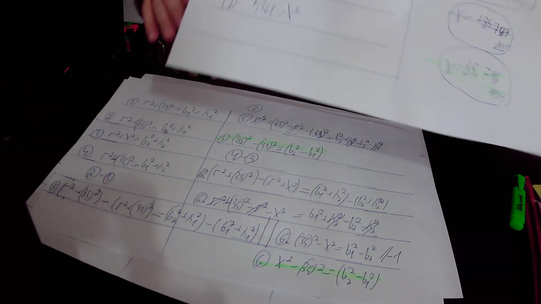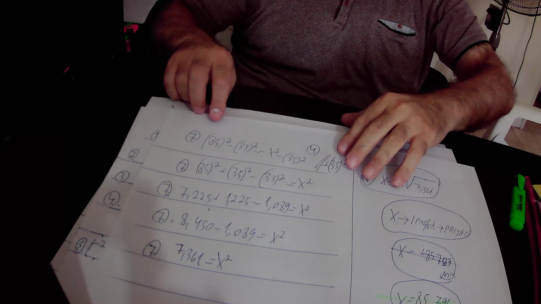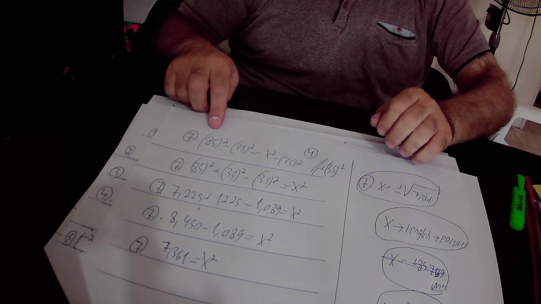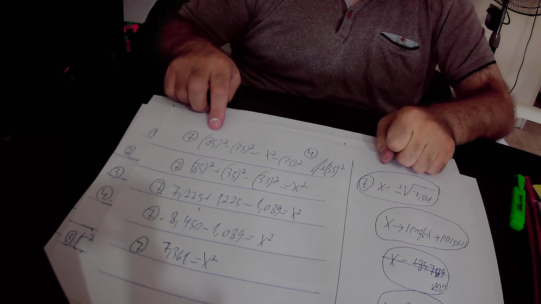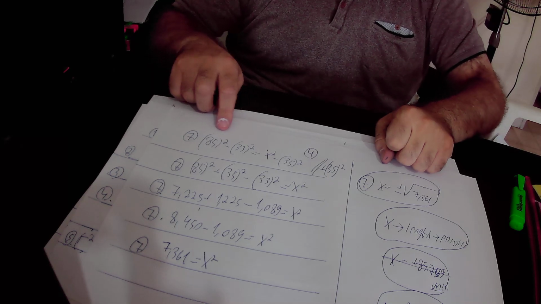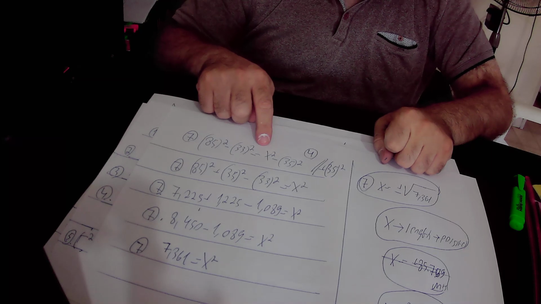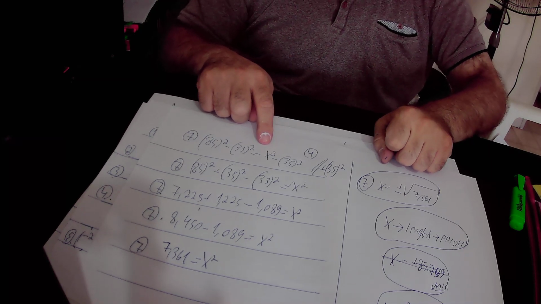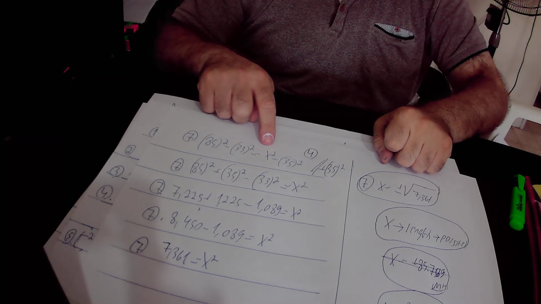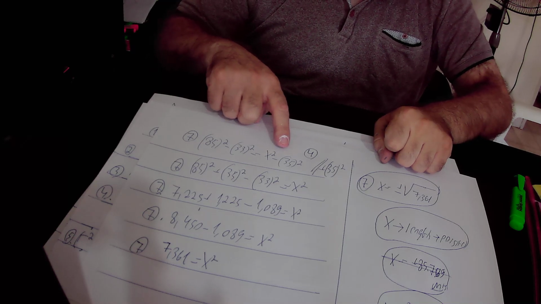Again, according to equation number 7, b2 square minus b1 square according to equation number 5, that is 85 square minus 33 square, must be equal to b2 square minus b1 square according to equation number 6, that is x square minus 35 square.